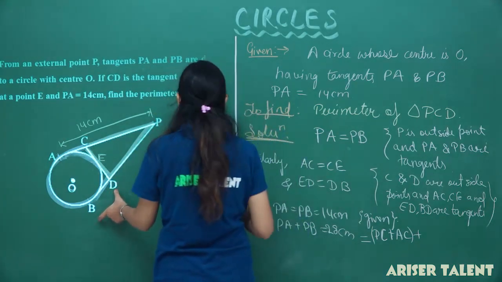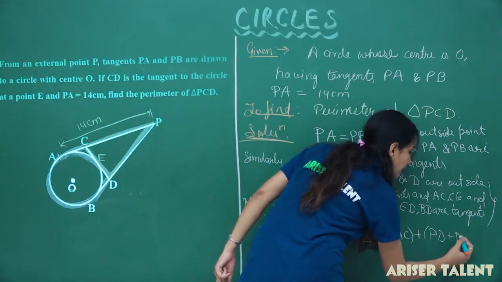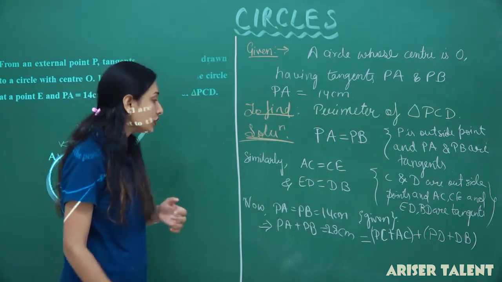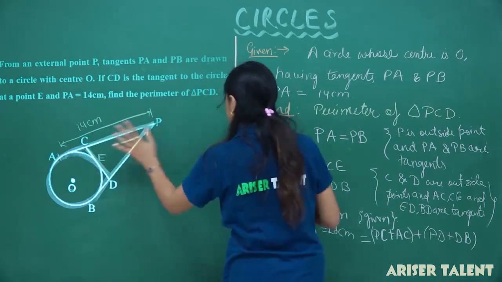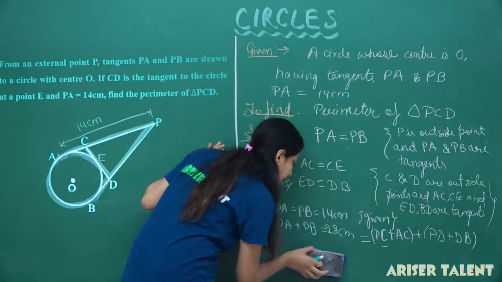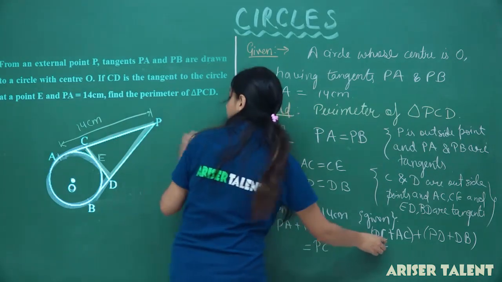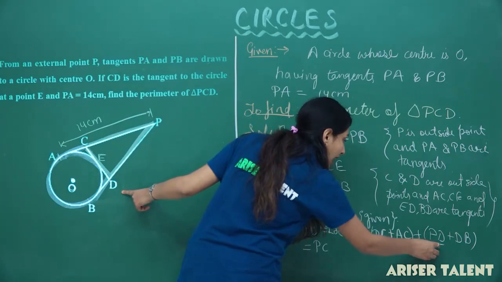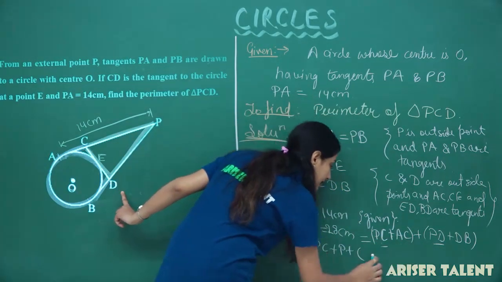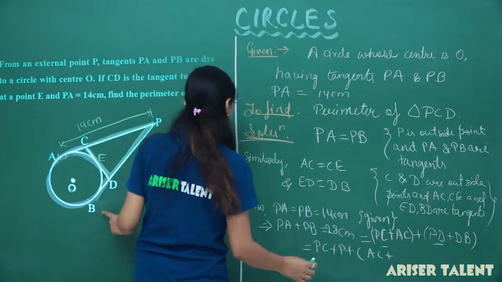PD plus DB. Now students, I can write this PC as it is, then this PD as it is. So I have written this PC as it is plus this AC, plus this PD as it is plus this BD.